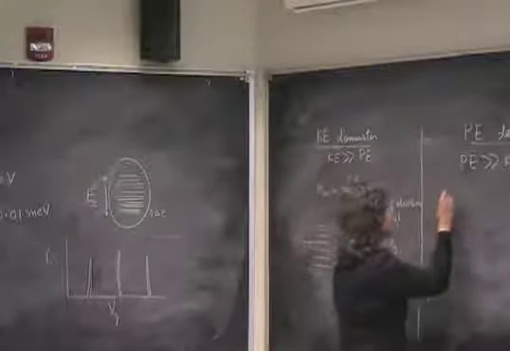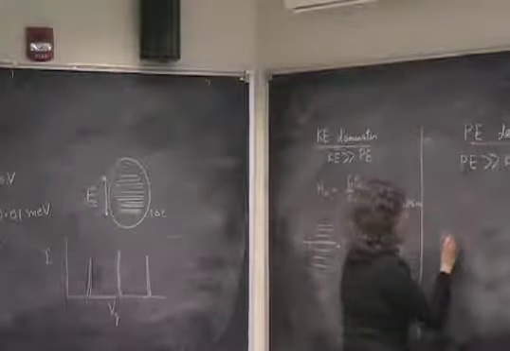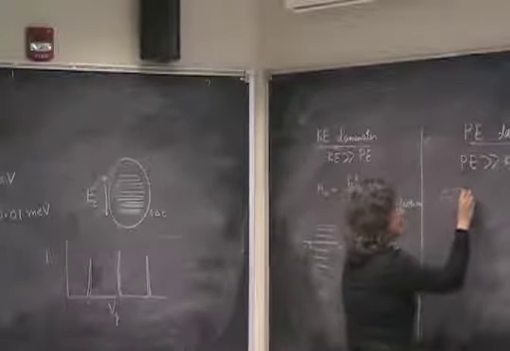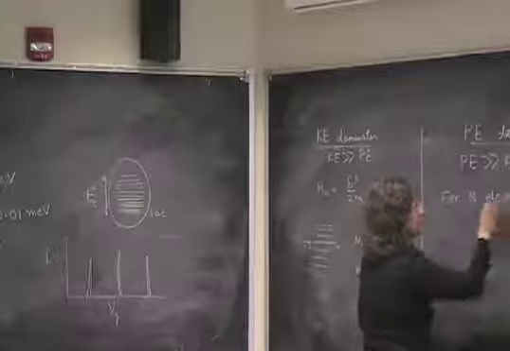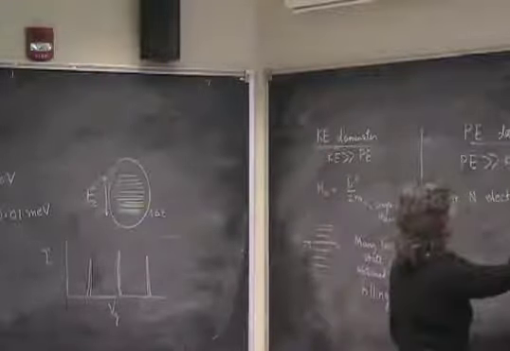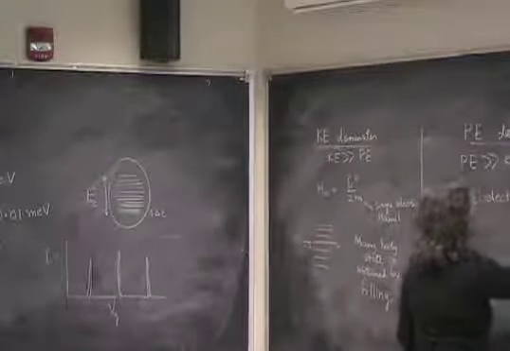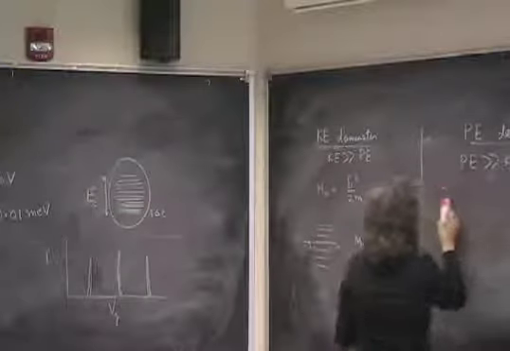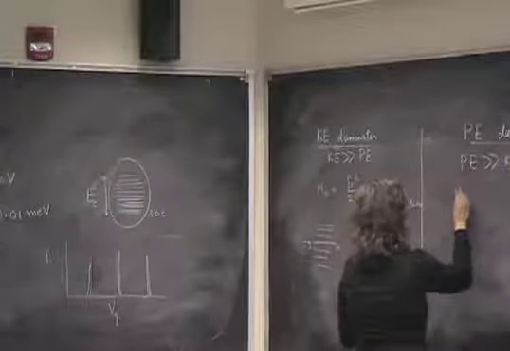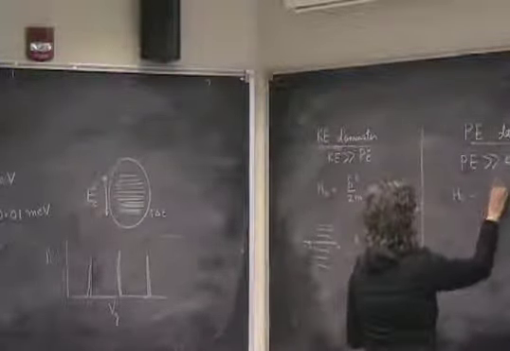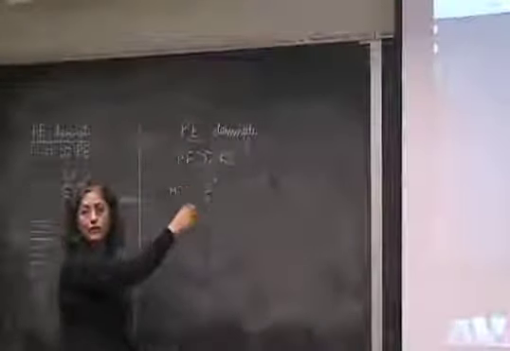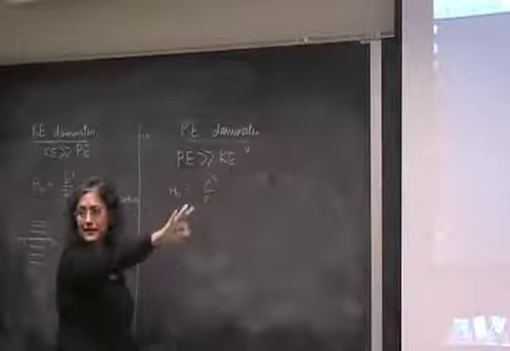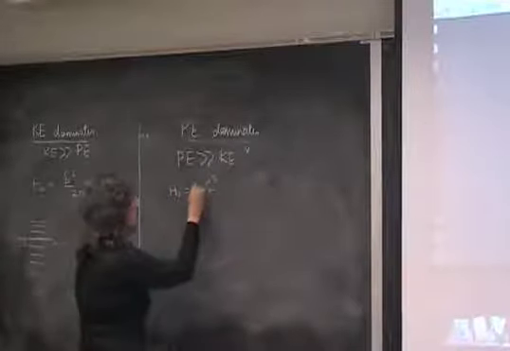So for n electrons, your H0 will now be e squared over r. But you can't just solve one and fill up. That idea is gone. You have to evaluate H0.